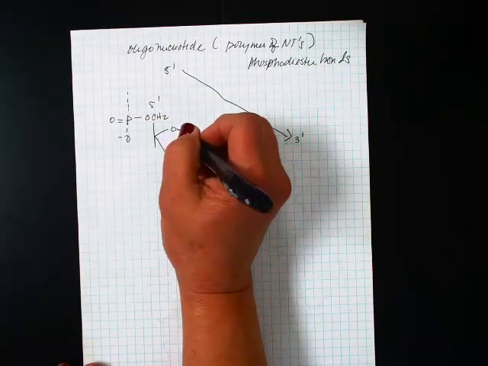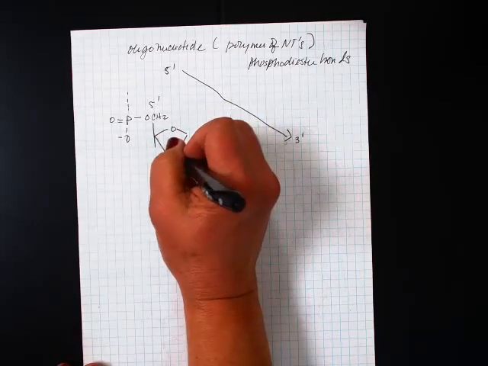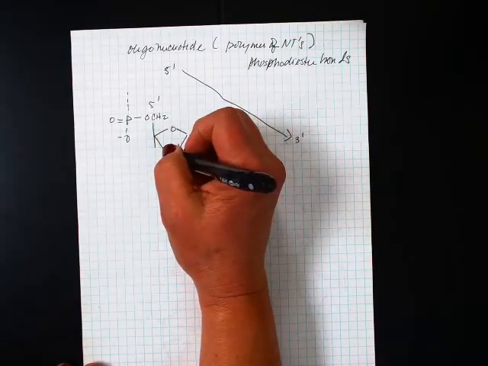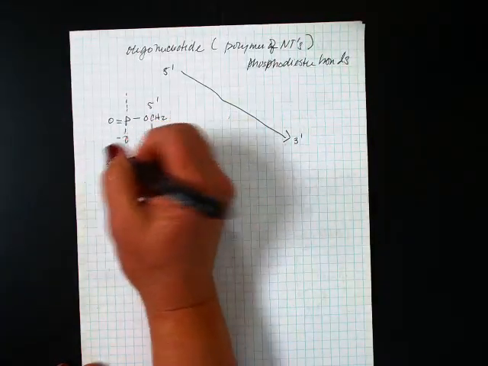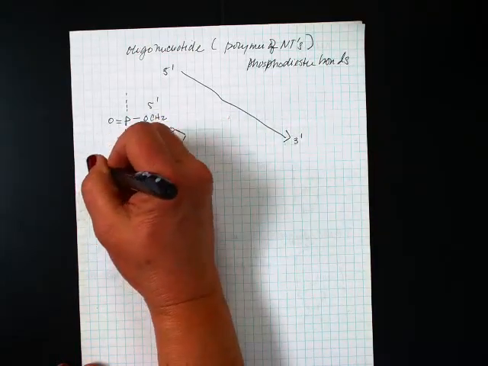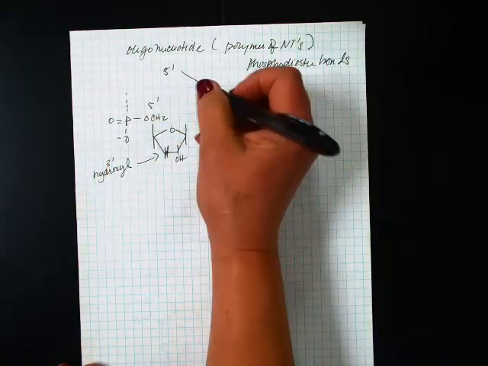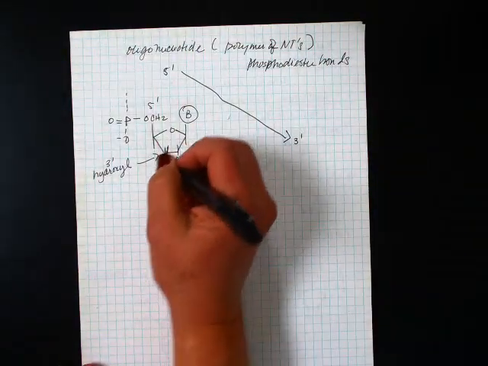And the linkage is through the 3' hydroxyl, or the site of the 3' hydroxyl. And of course we have our base linked here. The linkage is here.